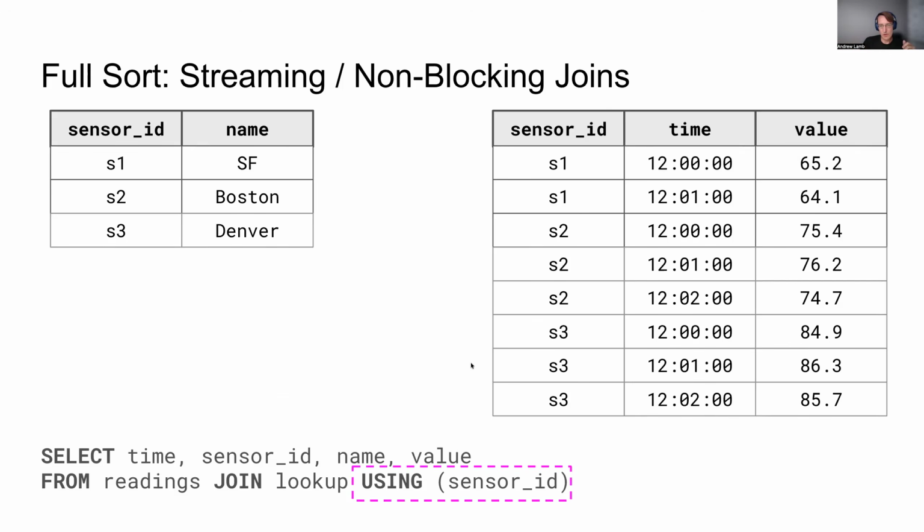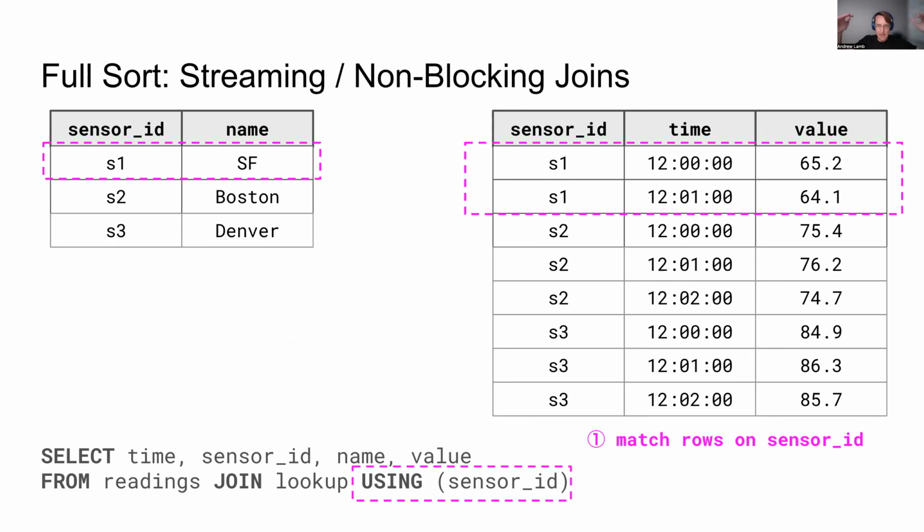The way a merge join works, it leverages the fact that the data is sorted by keys. You just scan down both relations with the current join key until you reach rows that have different join keys. Once you've reached that, all the rows in the previous group, the rows with S1 as a join key, you can now match them and do the join.